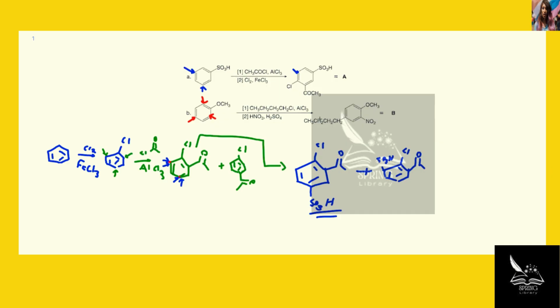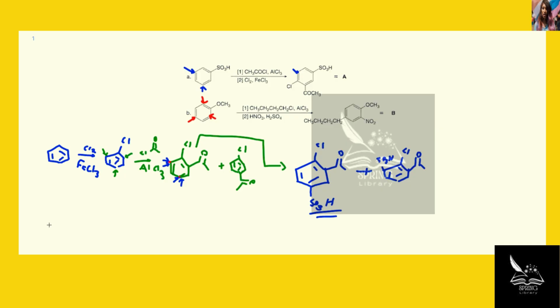So you won't get the straight chain alkane. You would get something that looks like this attached on it. Because of that rearrangement, this proposed synthesis would not occur as shown here.